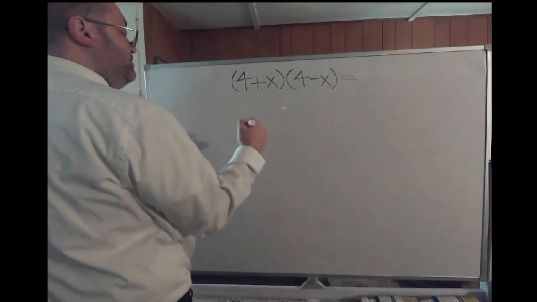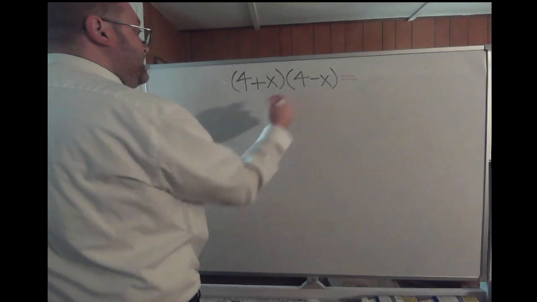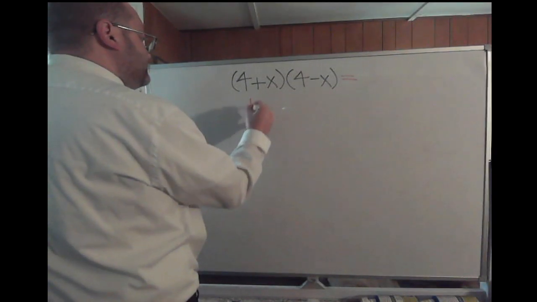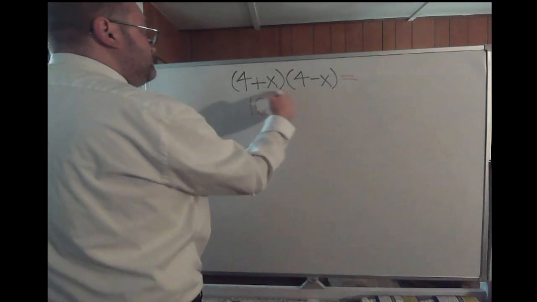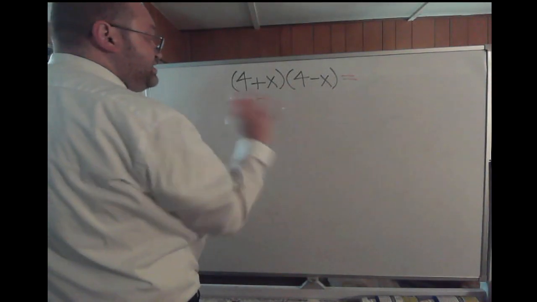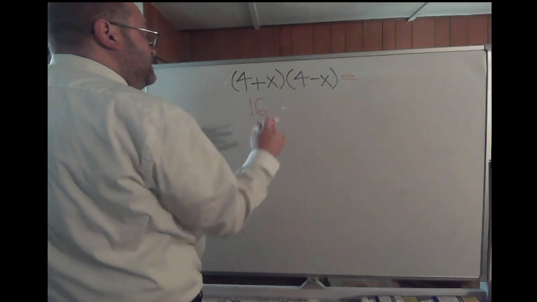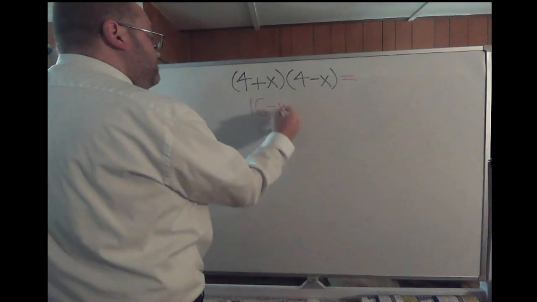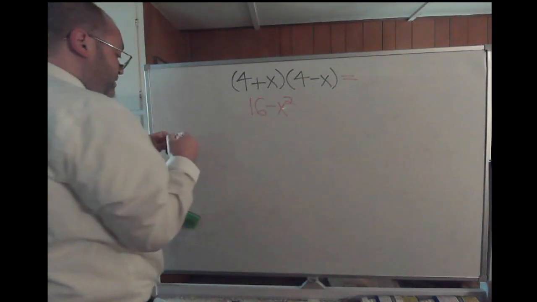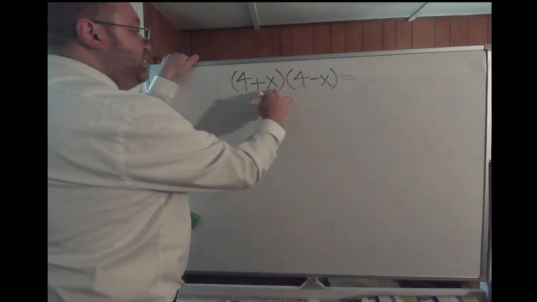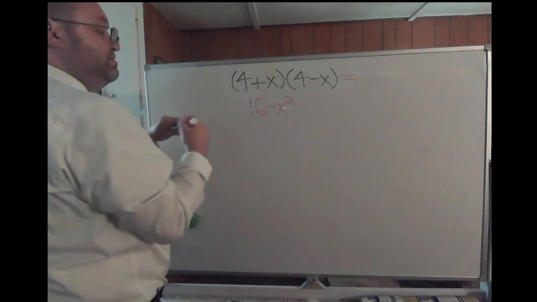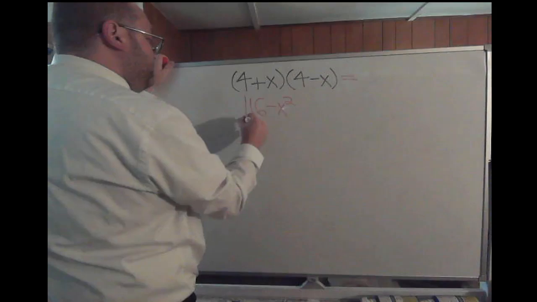What you're going to do is you're going to take 4 times 4, that'd be 16, of course. If you did negative 4x plus the 4x, that's always going to cancel out. Then you just have minus x squared. So whenever you have the same constant and the same variable, 1 plus, 1 minus, the middle terms will always cancel out.